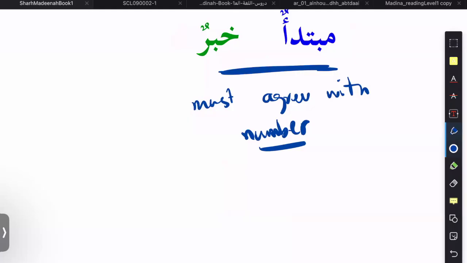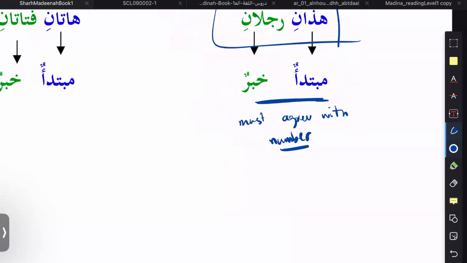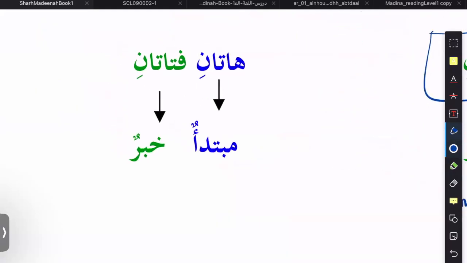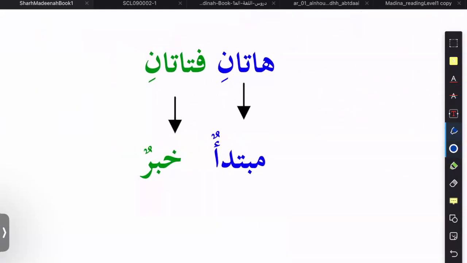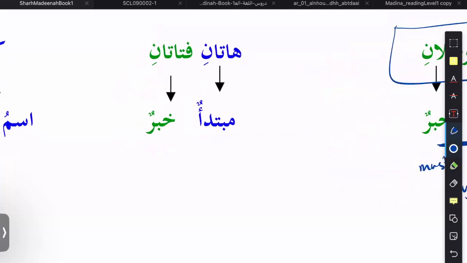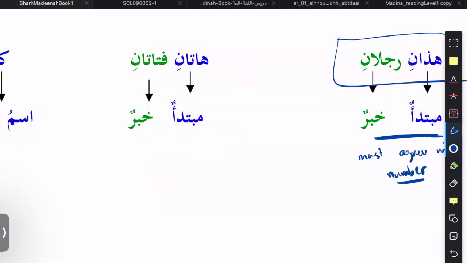If mubtada is dual, khabar needs to be dual, and likewise for the plural. And we have hatani, fatatani. So this is mubtada and khabar. What do we also learn here? Same thing. It has to match the number, and must also match what? Gender. They have to match the gender as well.